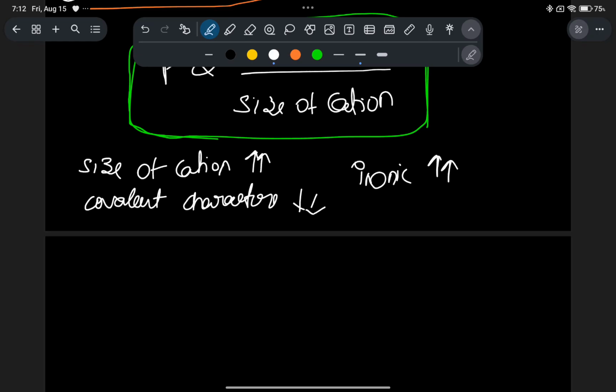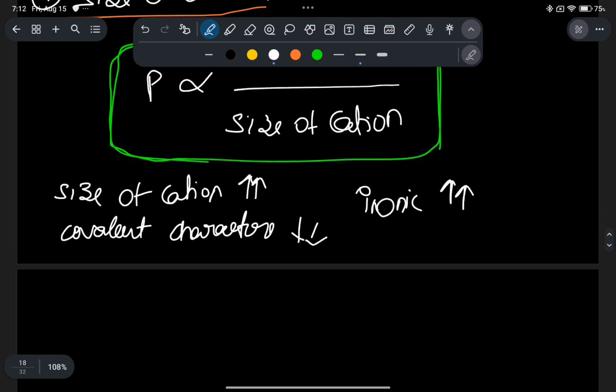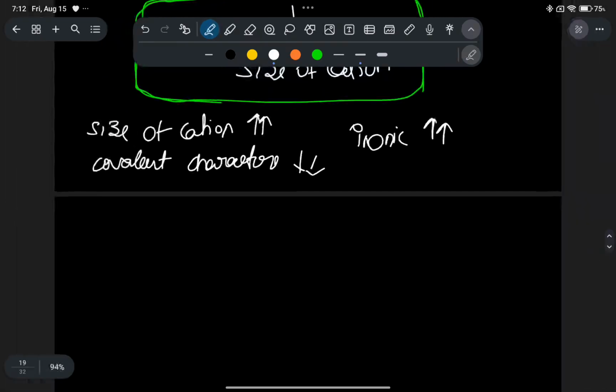So polarization is directly proportional to covalent character and inversely proportional to ionic. Size of cation increases means it favors the ionic bond, and the ionic bond is inversely proportional to polarization.